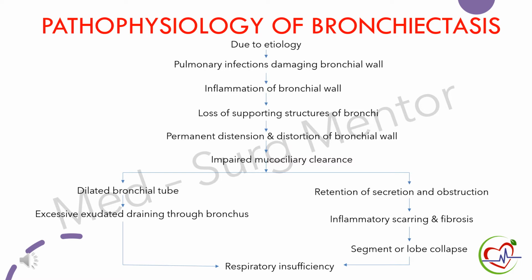Due to this, the bronchial tubes are dilated, resulting in excessive exudate draining through the bronchus. It leads to obstruction of bronchi from retention of secretions. Finally, it goes to a stage of inflammatory scarring and fibrosis, leading to segment or lobe collapse. Ultimately, it results in respiratory insufficiency and other fatal complications.